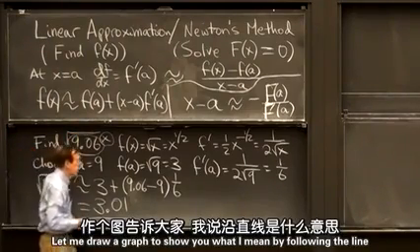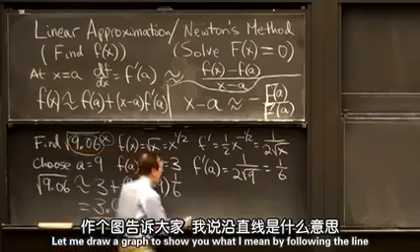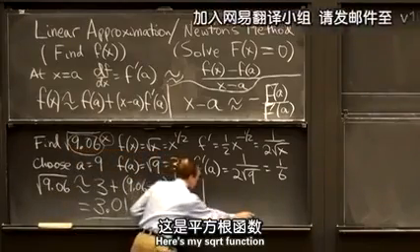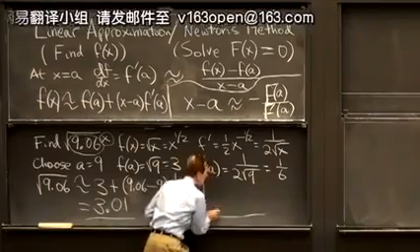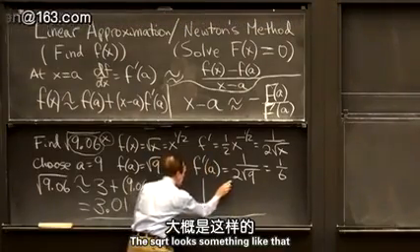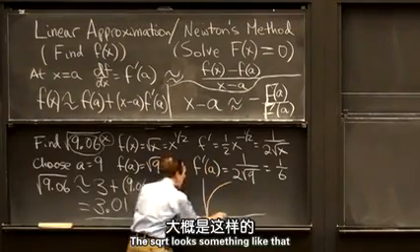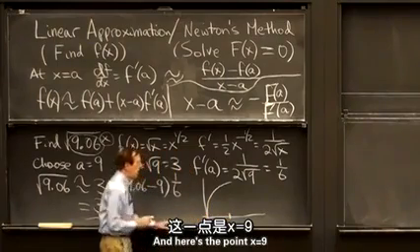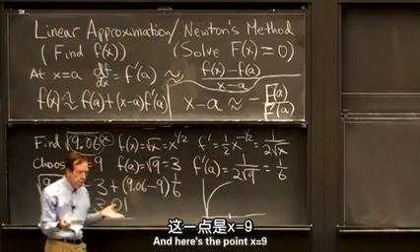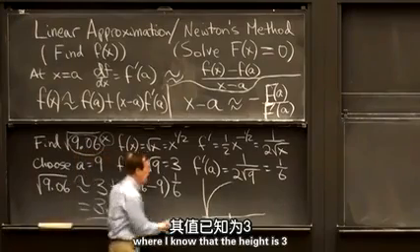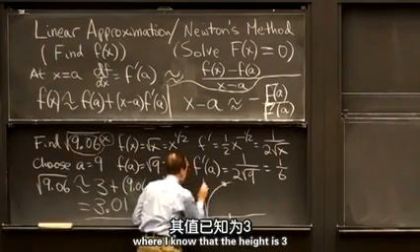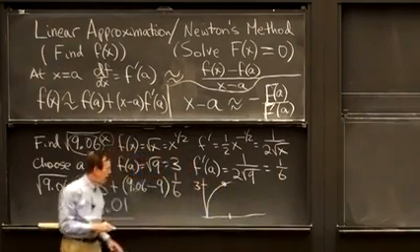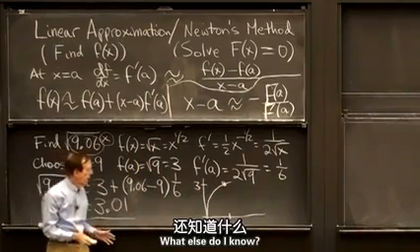Let me draw a graph to show you what I mean by following the line. Here's my square root function. The square root looks something like that. And here's the point x equal 9, where I know that the height is 3. What else do I know?